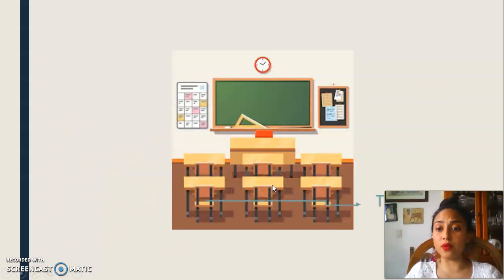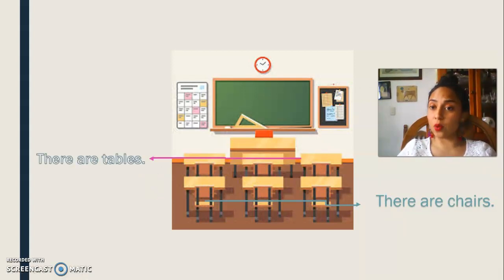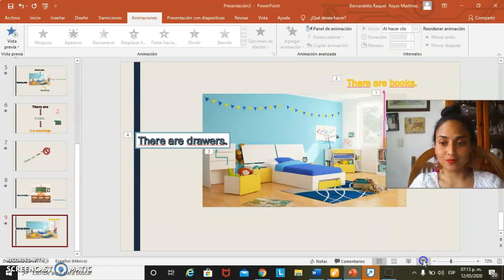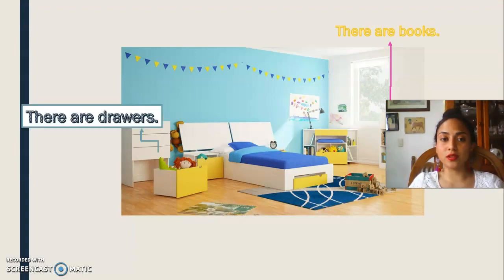So, for example, here, there are chairs, there are tables. Or here, there are books, there are drawers. We can say here, hay libros, hay cajones, okay?